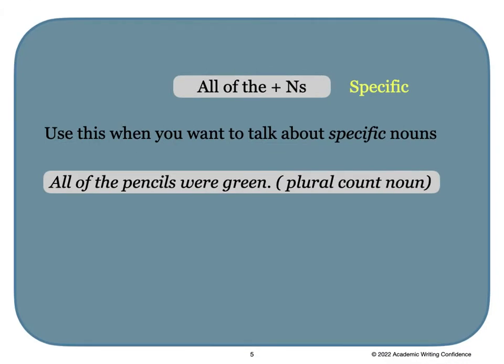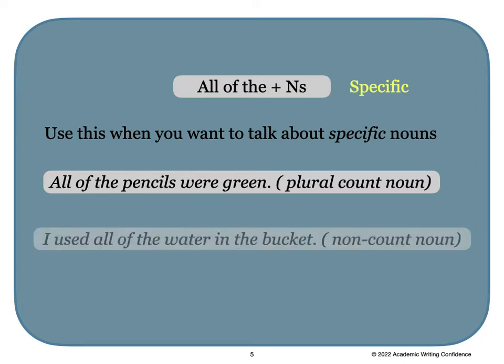The phrase all of the plus a plural noun should be used when you want to talk about specific nouns. All of the pencils were green. Now, however, we can use this phrase also when we use a non-count noun in a sentence, as in this sentence. I used all of the water in the bucket.